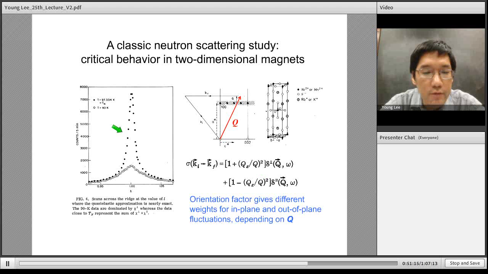So, some of the data shown here: the black data are taken very close to TN, and this is where you expect the divergence in the susceptibility. So you should get a much enhanced signal, and that's seen there. At temperatures substantially below TN, so at 90 Kelvin, you see the open symbols, which are much weaker, and this is primarily the transverse fluctuations that are measured.